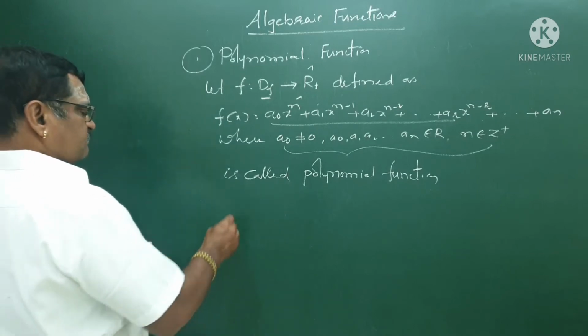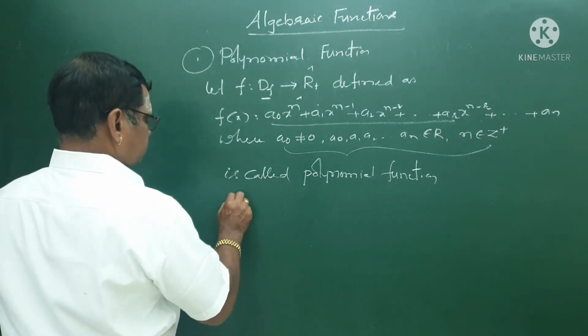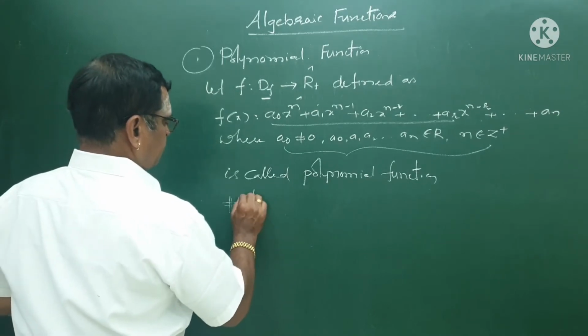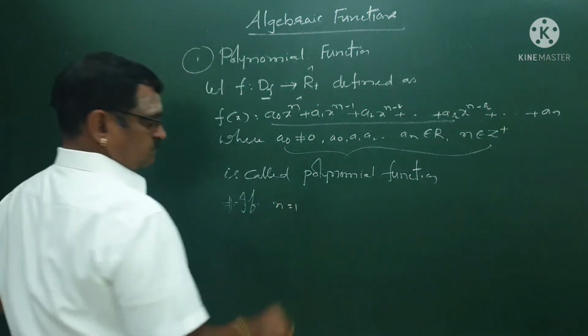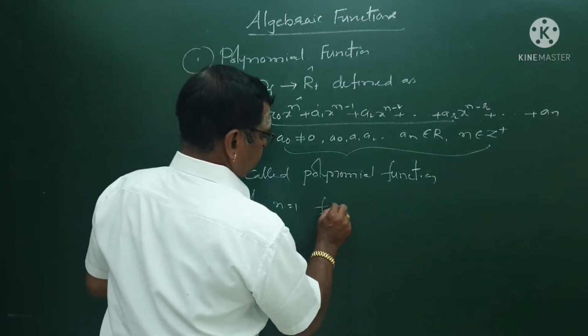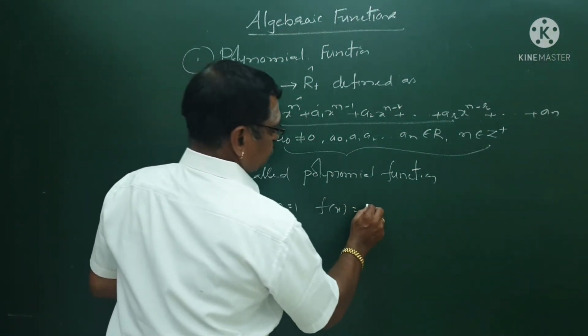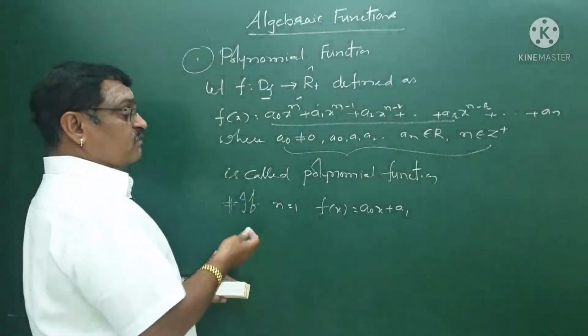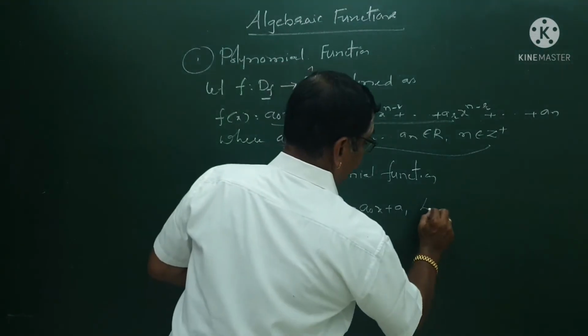Number one, very simple. If n is equal to 1, my function will become f of x is equal to a naught x plus a1, and you know very well this is called linear function.